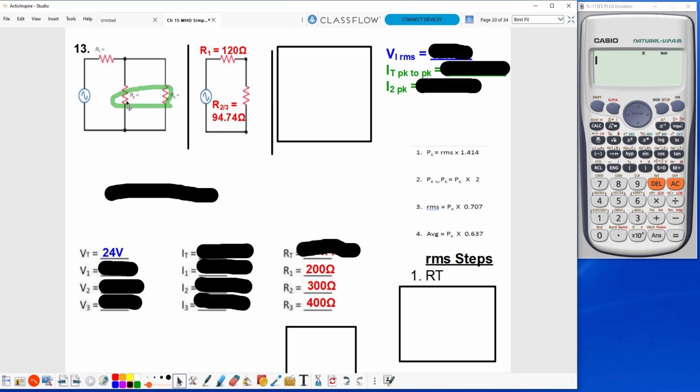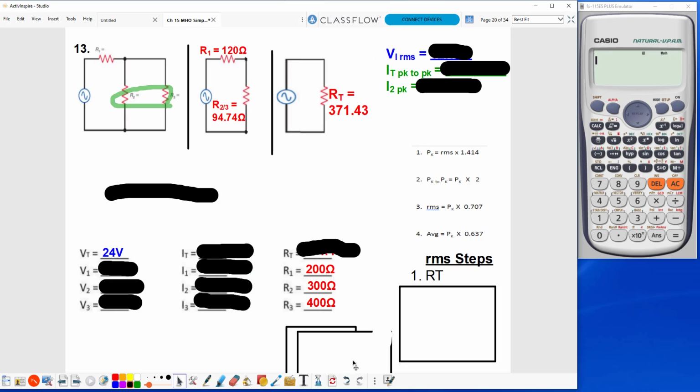And I'm going to run R2 and R3 through the reciprocal formula, giving me 94.74 ohms. Now I've got two resistors in series, so I just add those two values together, giving me a total resistance of 371.43 ohms.